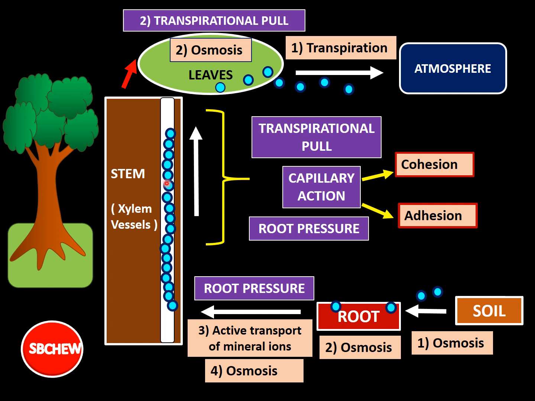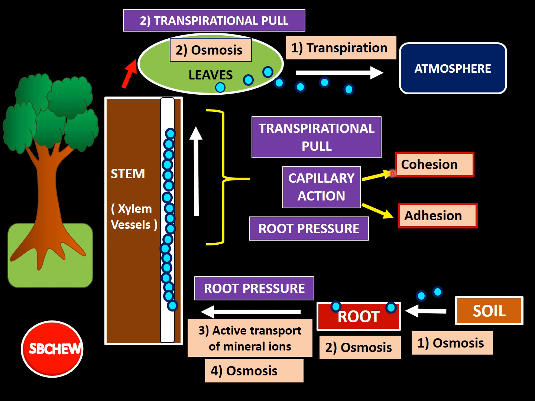Next, in the stem, what are the forces that cause the water to move up the stem? There are three forces: transpirational pull, capillary action, and root pressure. Capillary action is a force that is produced by two forces, cohesion and adhesion.